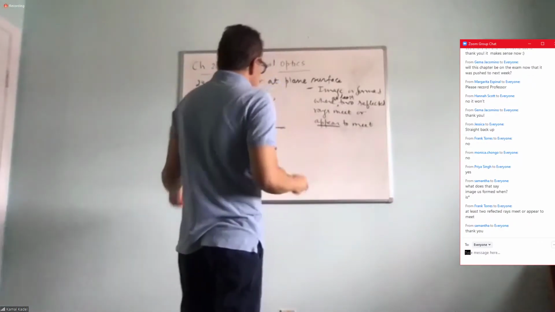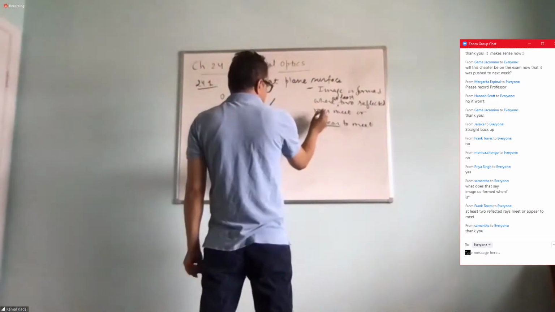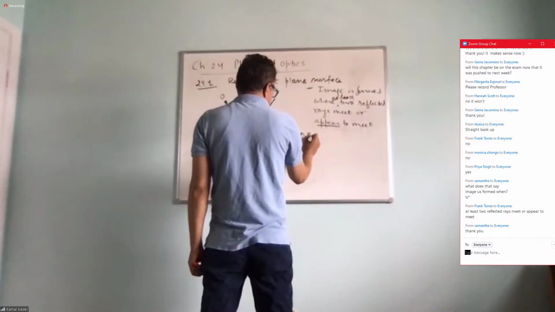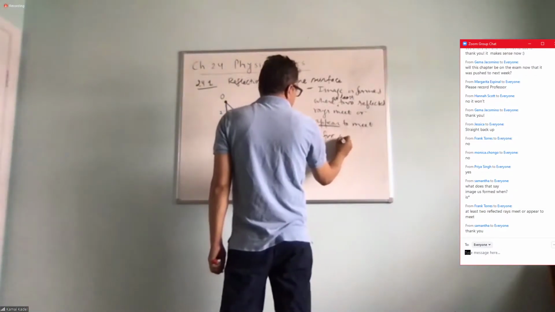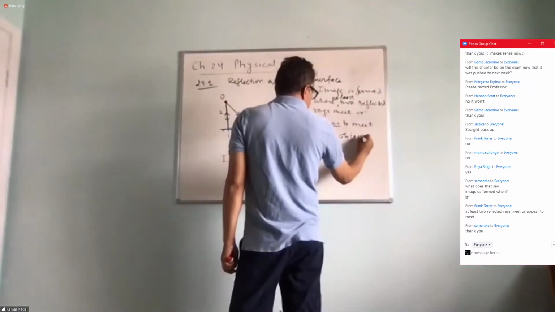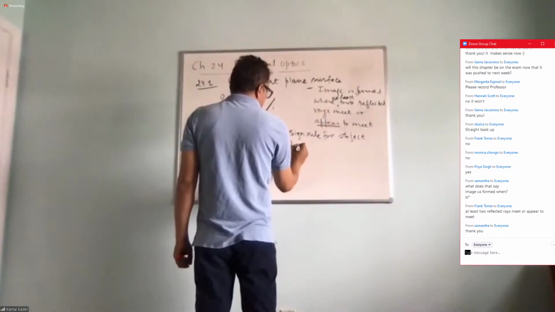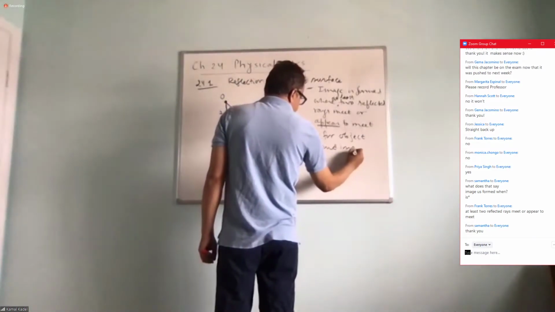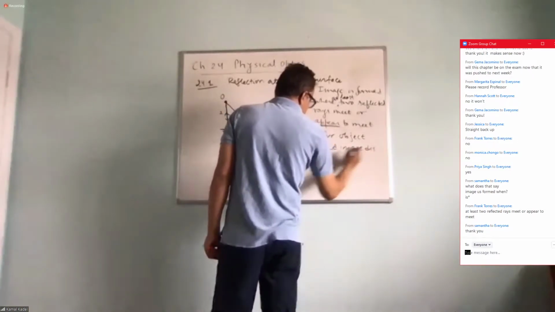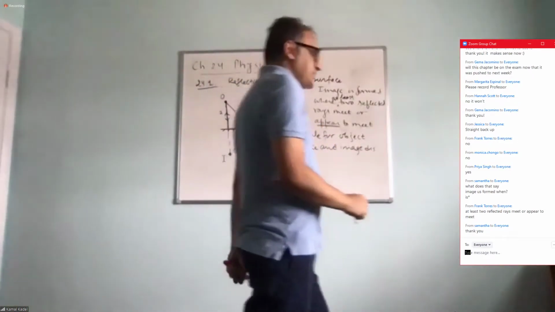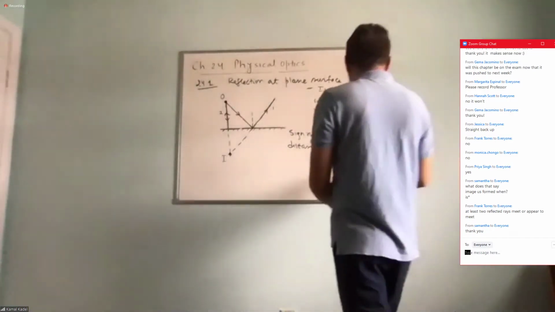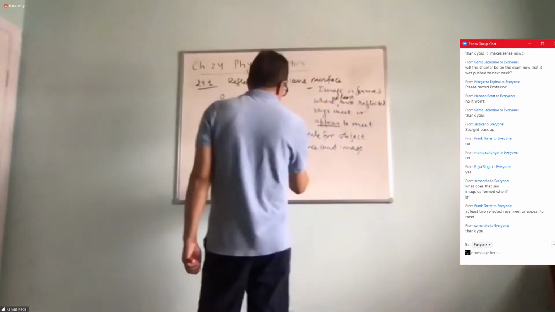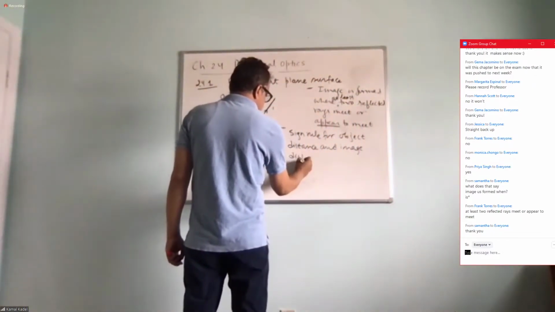Okay. So I write it here for you. Sign rule for object distance and image distance.